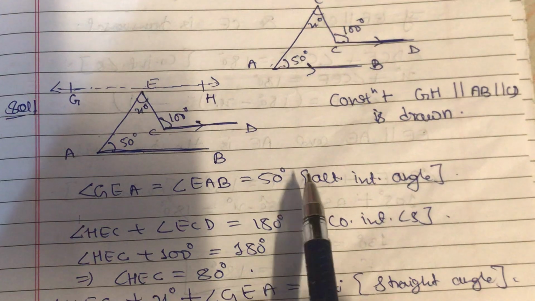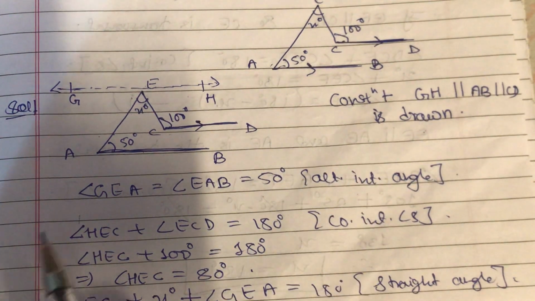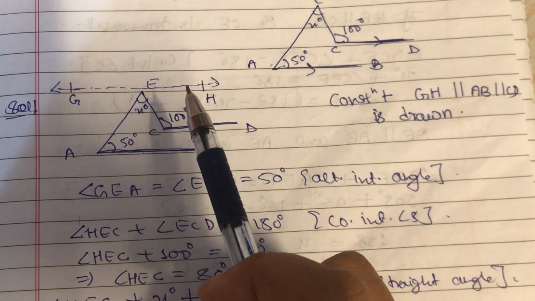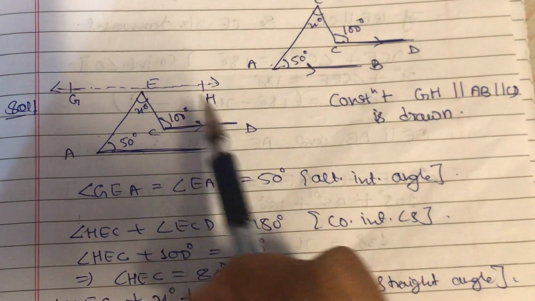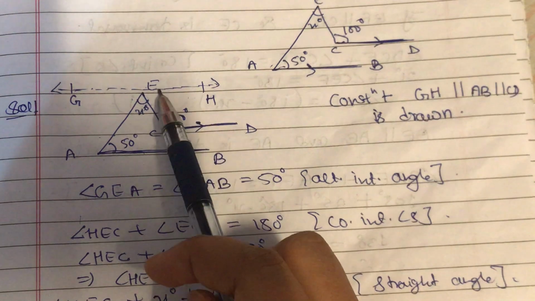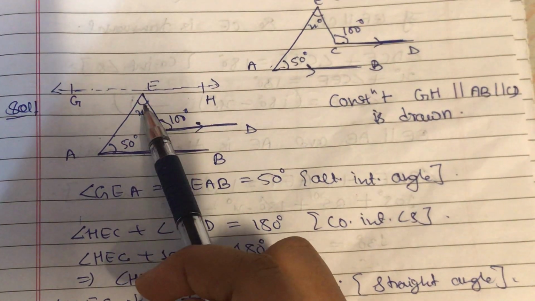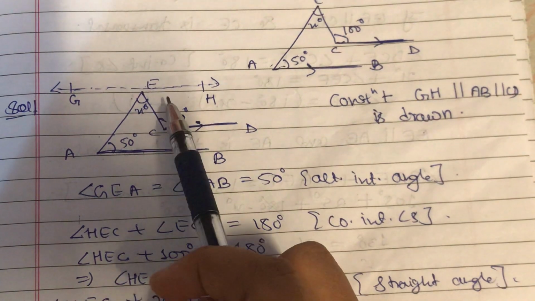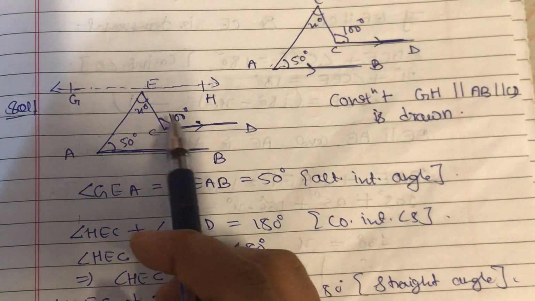Now after this, again what I can say is that angle HEC plus angle ECD, because this is parallel to this, then sum of co-interior angle is how much? 180. So this angle plus this angle is going to be 180 degree. So definitely this angle value I'll find, that is 80 degree.